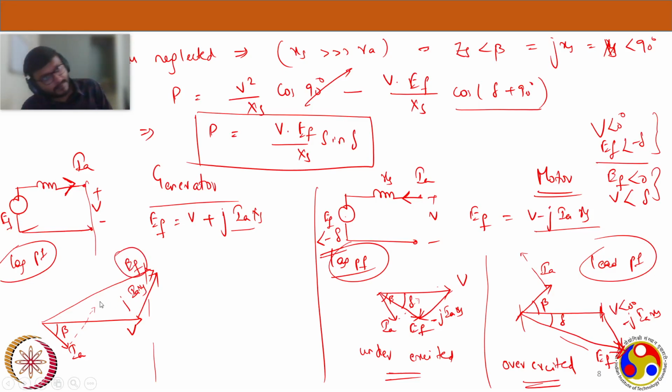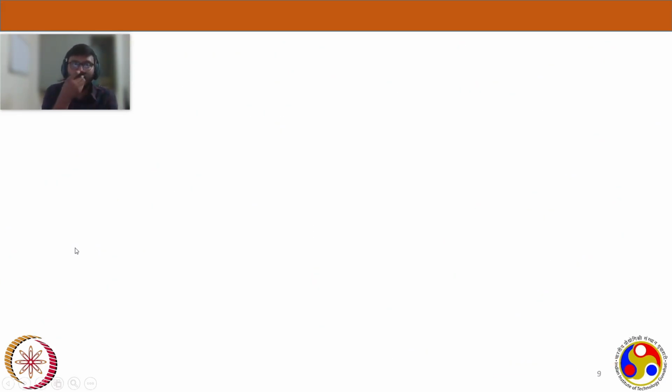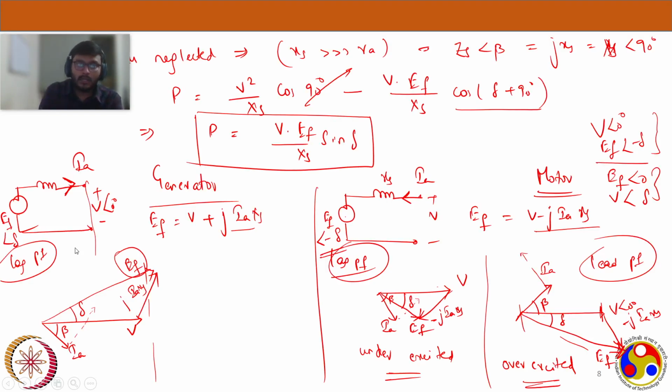Now, what we have observed in this lagging power factor is that EF is above V. This is the delta. EF would be at delta when V is zero. That's the generator condition. Another point, the length of EF when compared to the length of V is bigger here. This condition is over excited when supplying a lagging power factor.